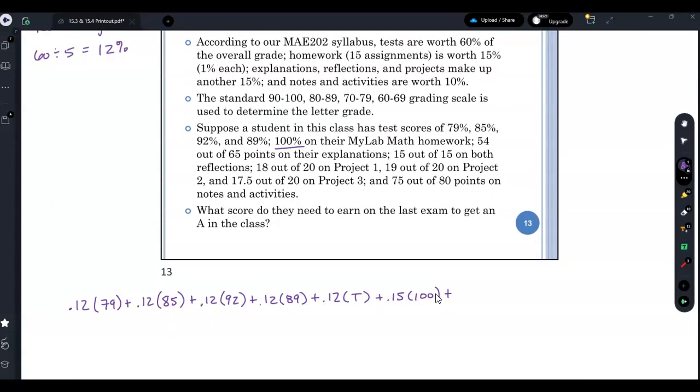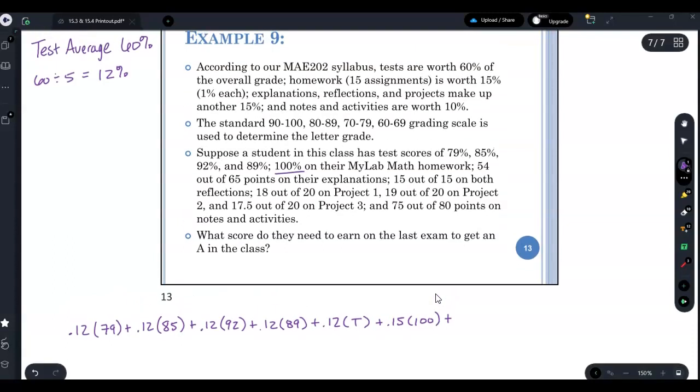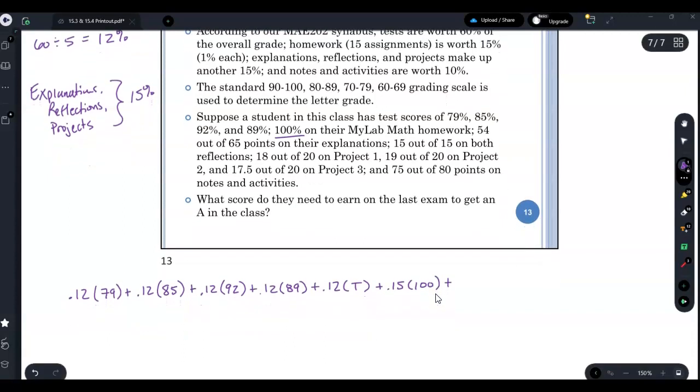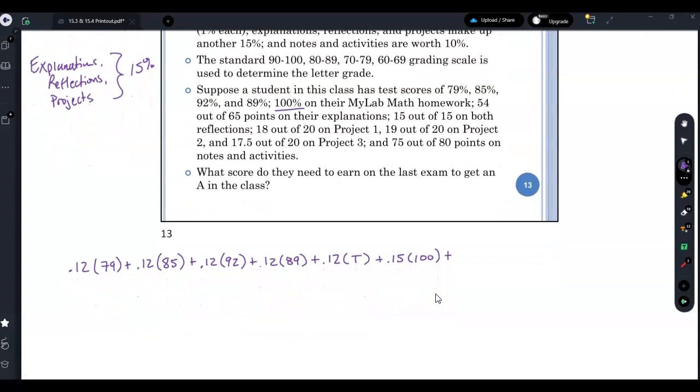And then the next category in the grade is the explanations, reflections, and projects. Altogether, explanations, reflections, and projects make up 15%. So I could go ahead and figure out the explanations, reflections, and projects average. I'm going to use all the information that I have here.